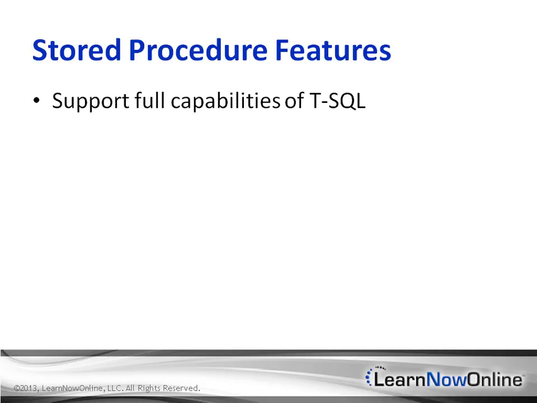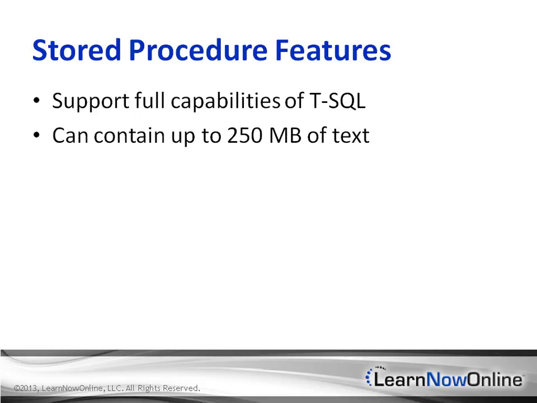Unlike views, which are also saved as database objects, stored procedures support the full capabilities of Transact SQL. A single stored procedure can contain up to 250 megabytes of text. But that's a limit that you won't encounter anytime soon, or if you do, you should seriously consider refactoring your code.